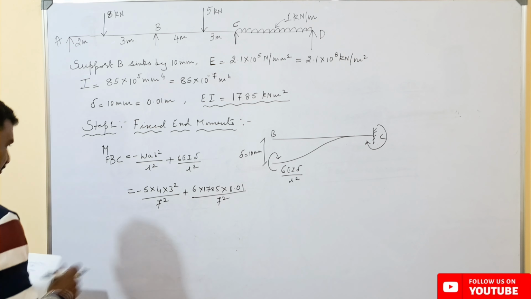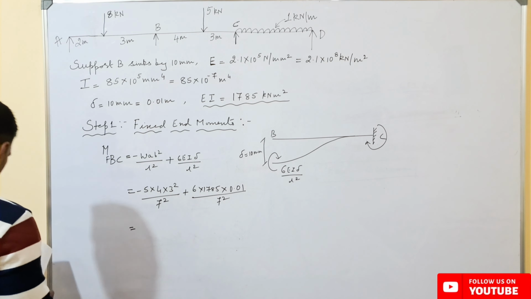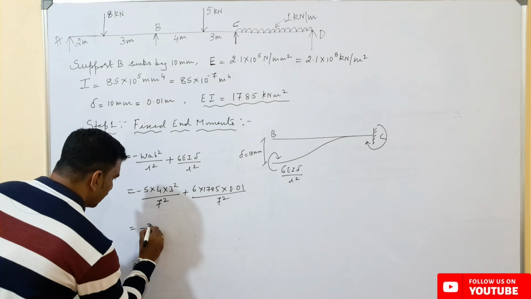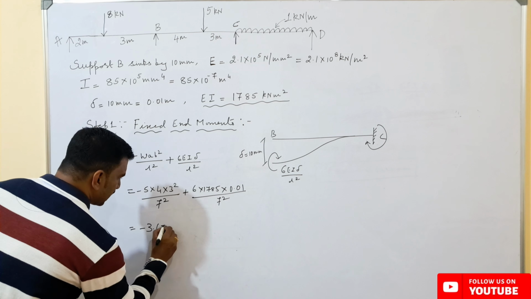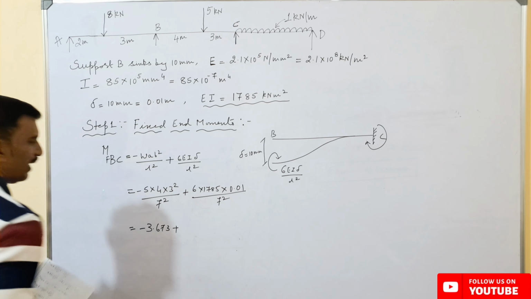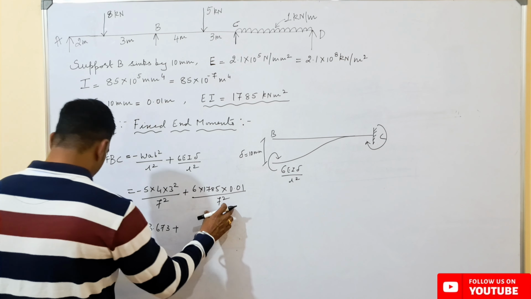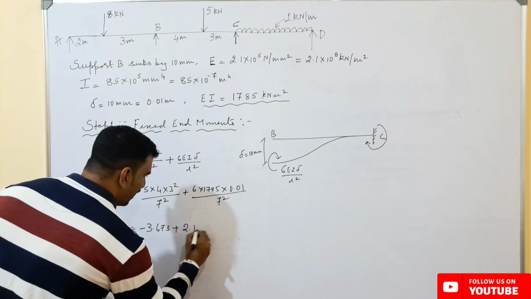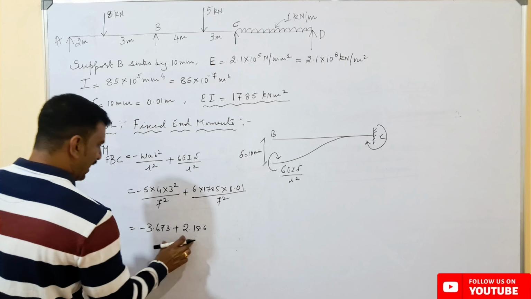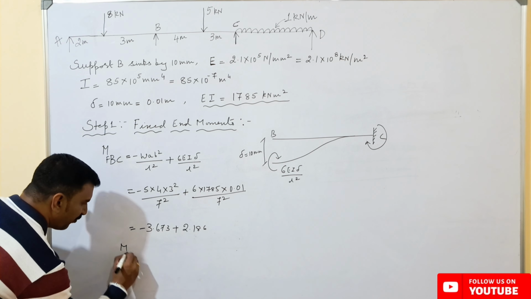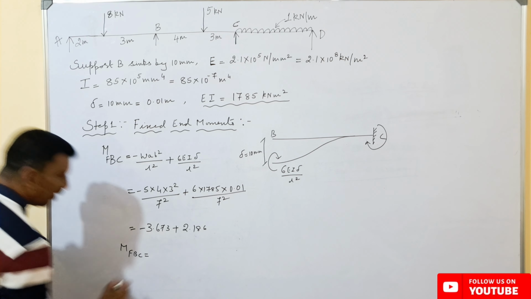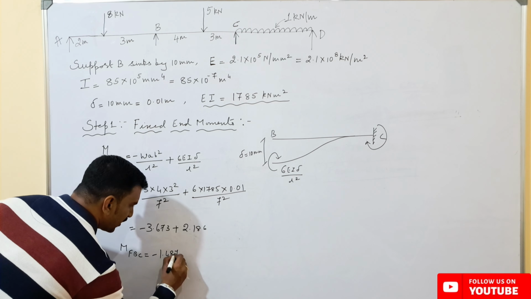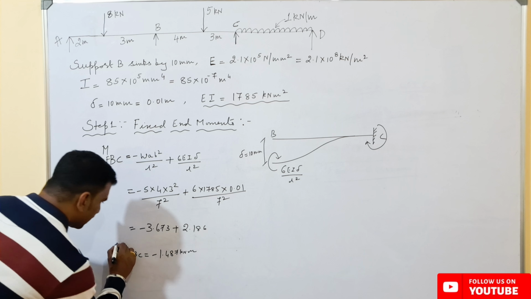So this value comes out to be minus 3.673 plus 2.186. Adding these two values, the fixed end moment from B to C will be equal to minus 1.487 kilonewton meters.